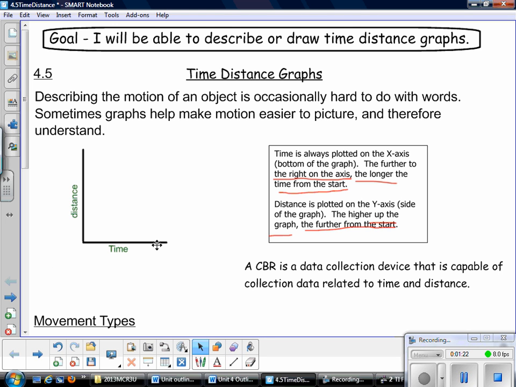They're saying that time goes along the horizontal axis, distance along the vertical. So as the graph goes on, the longer time has happened. The higher I go on a graph, the further I am away from my starting point.